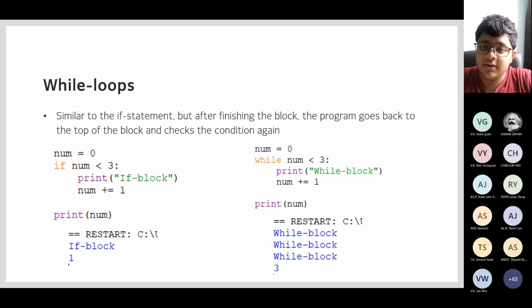Once the condition fails, it will break out of it and run the print statement, which is why you'll see the while block being run 3 times, because it goes from 0 to 1, 1 to 2, and then from 2 to 3. Once it gets to 3, it breaks. So that's how a while loop works, if I had to simplify it.